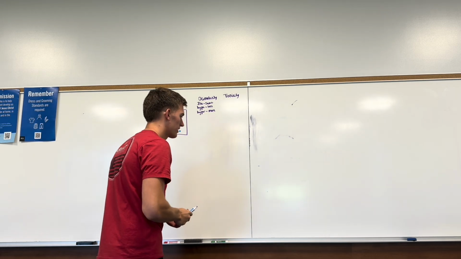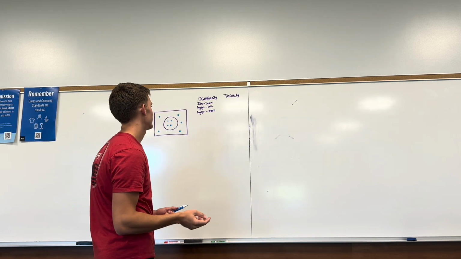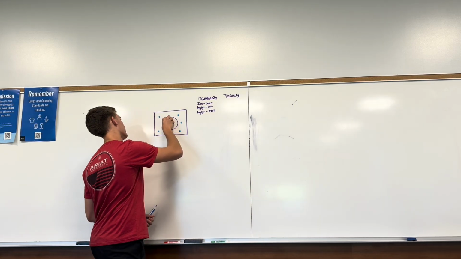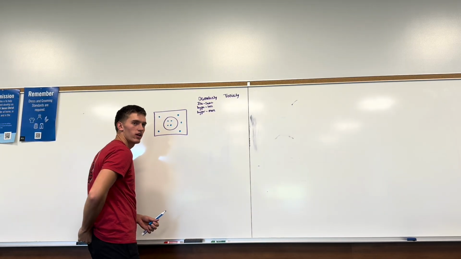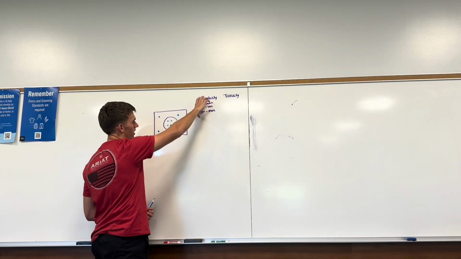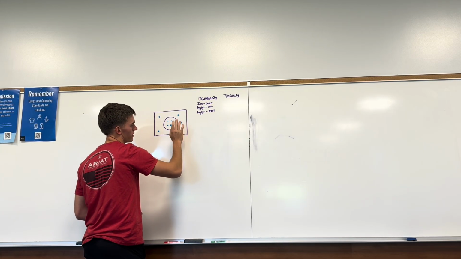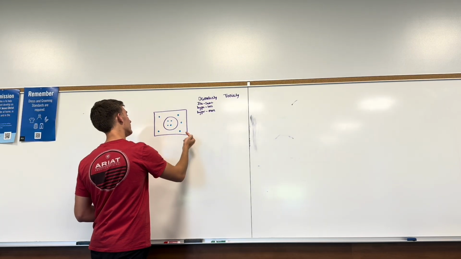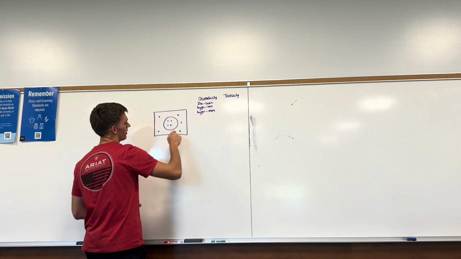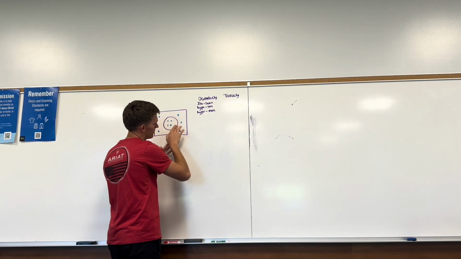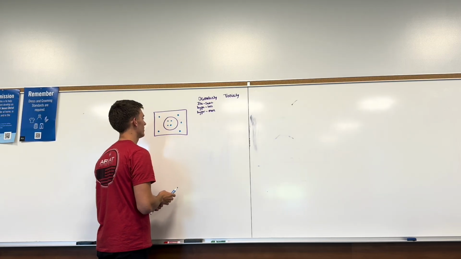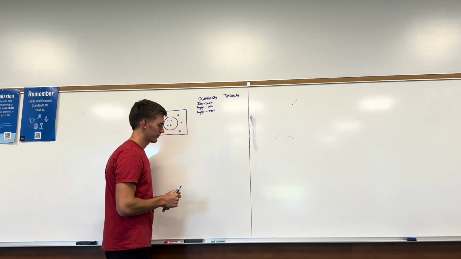Tonicity would be like the firmness of the cell, the state of the cell. And so if the osmolarity of the concentration on the outside is less or more, in this case it's more, then the water is going to want to flow out of the cell and into the extracellular space.